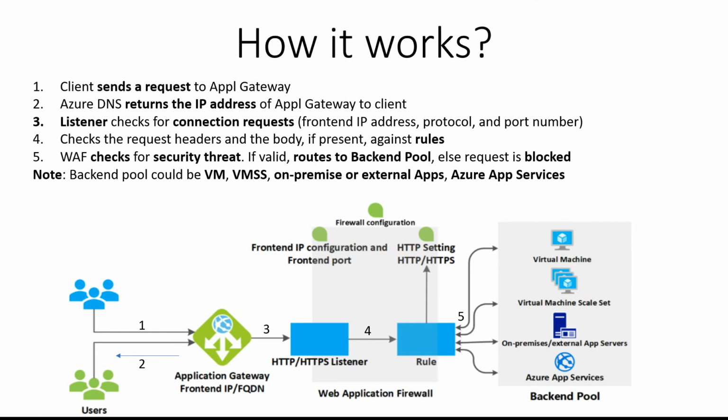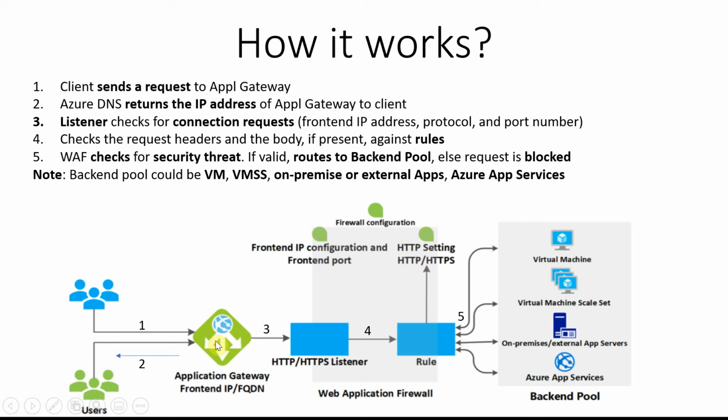If you look at how this works, as and when a client sends a request to the application gateway, we're not talking about Azure DNS here, which should return the result back to the client. The end user is hitting the domain name, so the load balancer should send the IP address of the domain back to the browser.